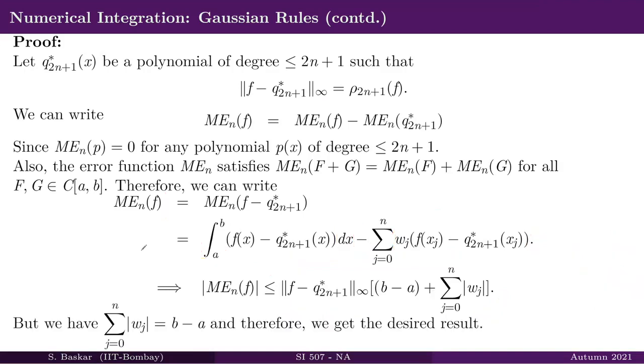Now, you can see that the second term is nothing but b minus a. If you sum all the weights, you will get back the length of the interval on which you are performing the integral. I leave it to you to check this. This property holds for any quadrature rule, not only for Gaussian quadrature.